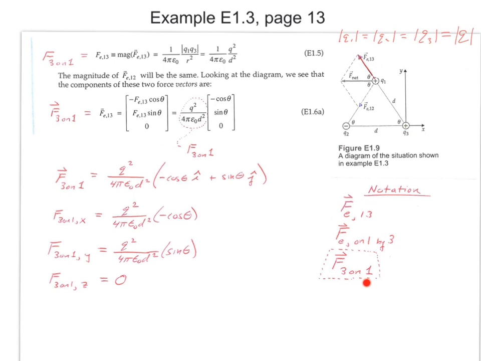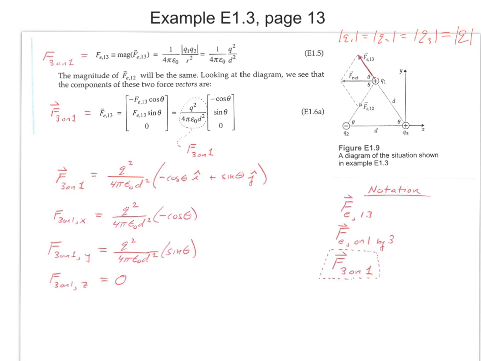And so 3 on 1, that's a pretty quick and dirty way, knowing that it's on 1, this other thing must be the thing that's exerting the force. And then I left off the E subscript because we're just dealing with electricity right now, so through context we can know what we're dealing with. So the moral of the story here is that you can simplify your notation.